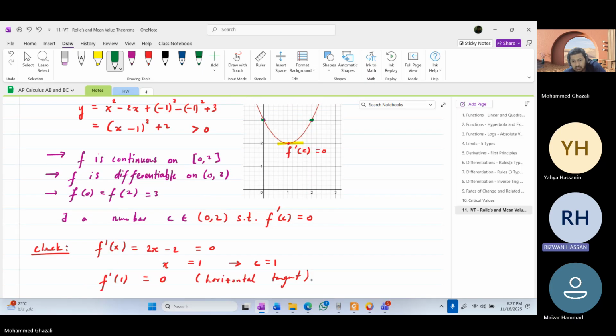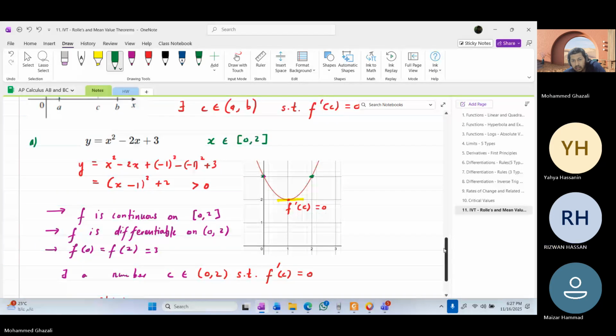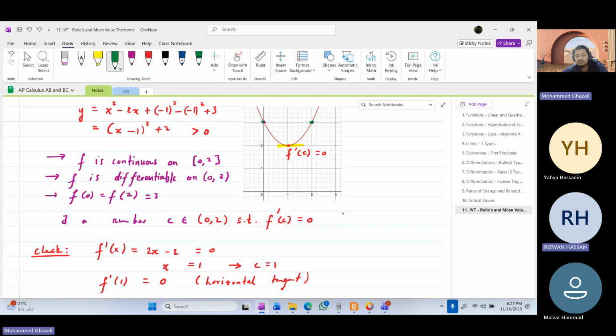Wait, Mr., f of 1 is 0? No, f of 1 is 2. f prime 1 is 0. Yeah, f prime 1, not f of 1. My bad. The slope at 1 is 0. So basically f of 1 is 2 and the derivative of it is 0.